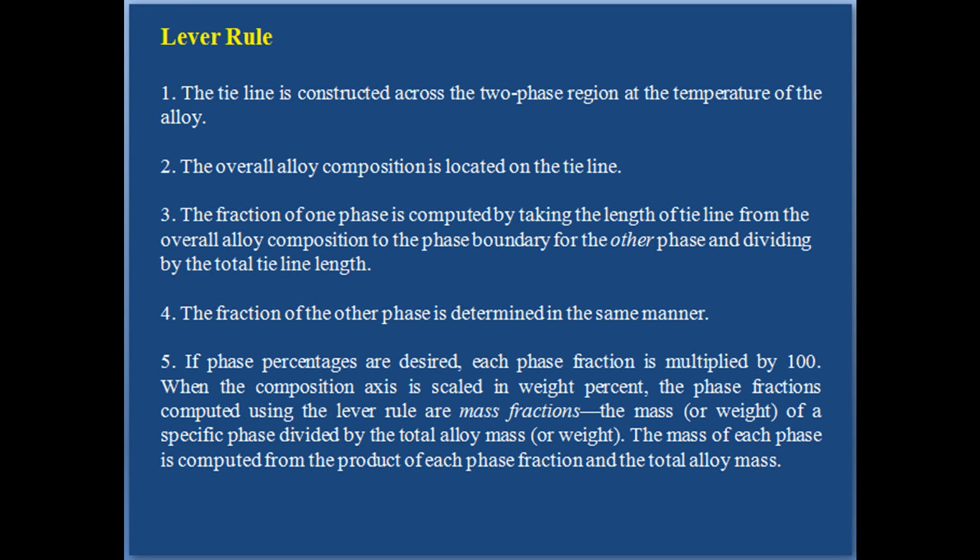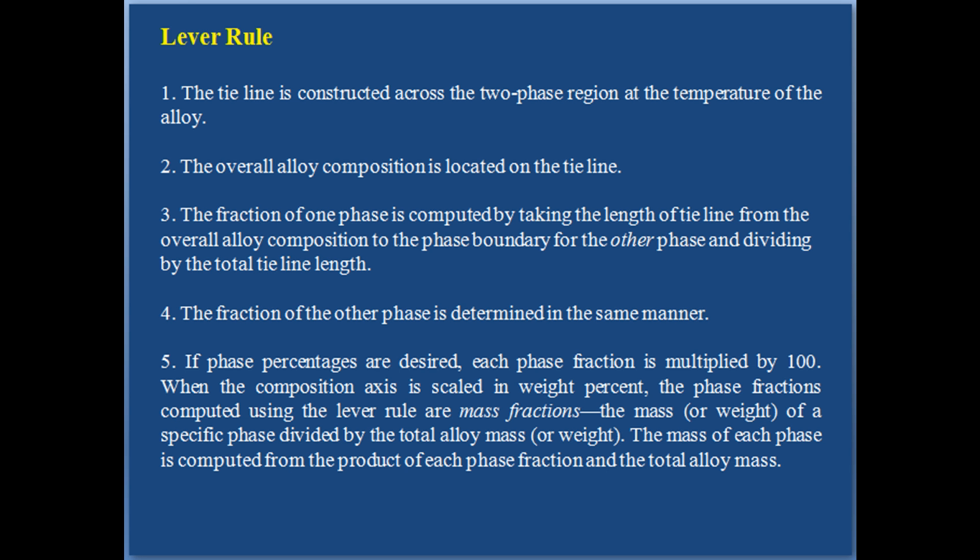Second, the overall alloy composition is located on the tie line. Third, the fraction of one phase is computed by taking the length of tie line from the overall alloy composition to the phase boundary for the other phase and dividing by the total tie line length. Fourth, the fraction of the other phase is determined in the same manner.